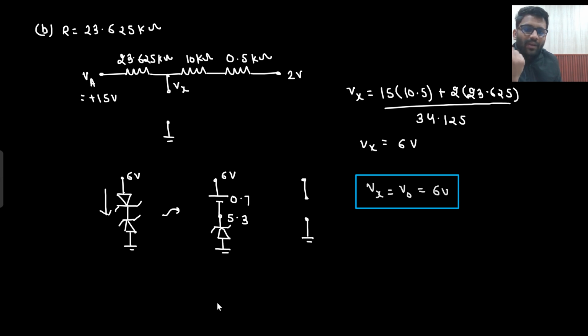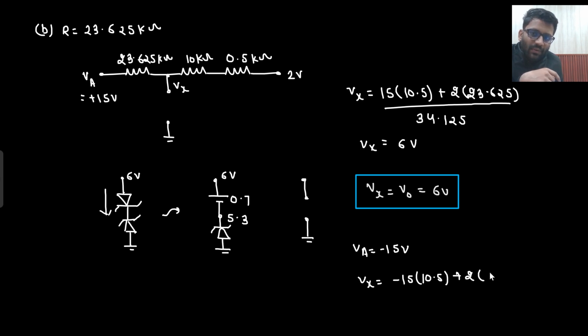Now you can try for minus 15 as well. If I apply minus 15 here, for Va equals minus 15, what will be the value of Vx I will be getting? Minus 15 into 10.5 plus 2 into 23.625 divided by 34.125.